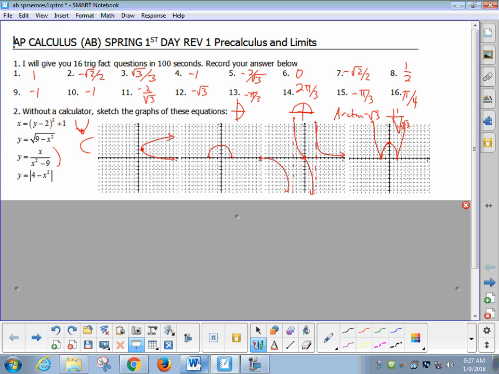Where does the 0 happen to the square? When y is 2. When y is 2, what is the x that goes with that? 1. That's the vertex because that's where the square is 0. The vertex is at (1, 2), and afterwards you open a sideways parabola to the right because x equals y squared. It's always open to the right.